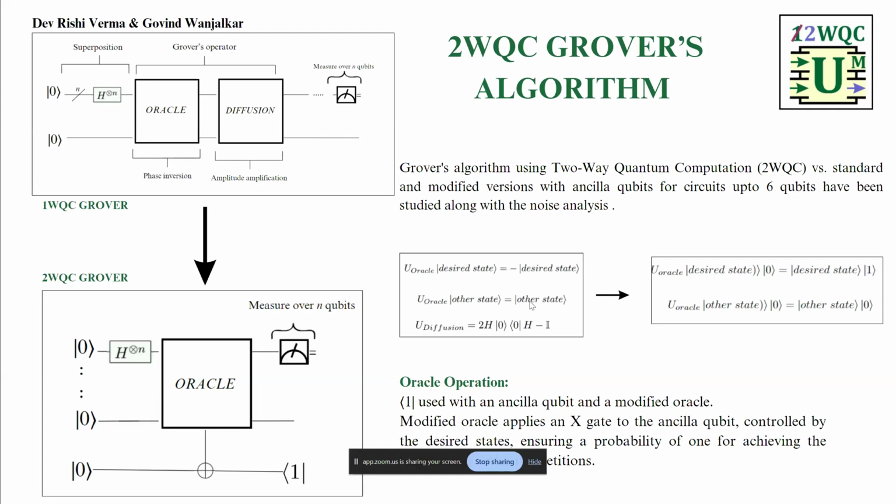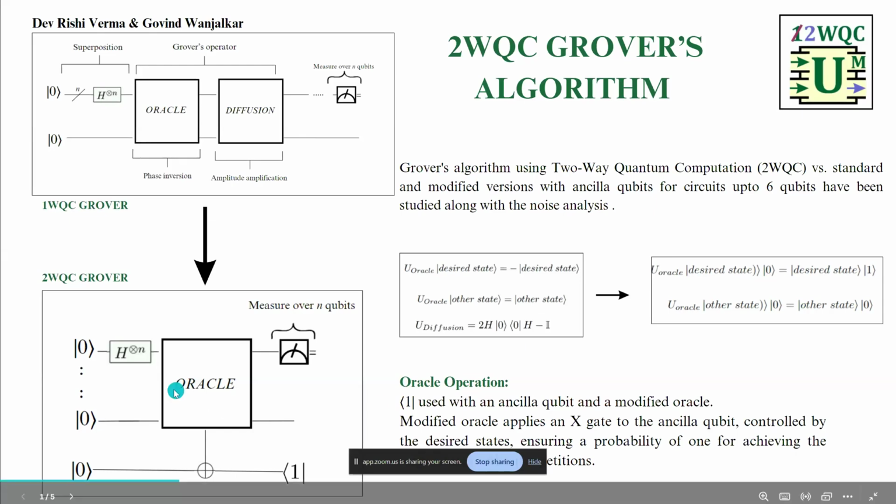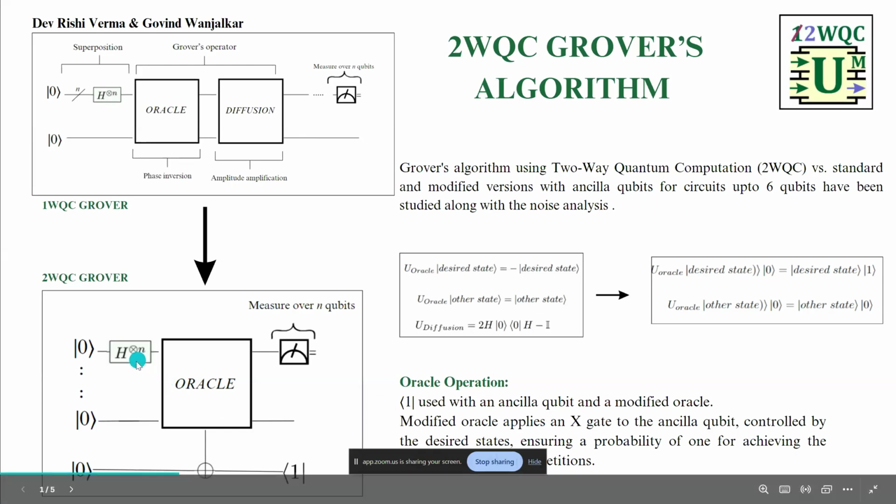And here, what we do in the 2WQC problem statement is that we generalize this oracle to more qubits, where the superposition can be over n qubits, but the oracle implementation can also take place over more qubits.